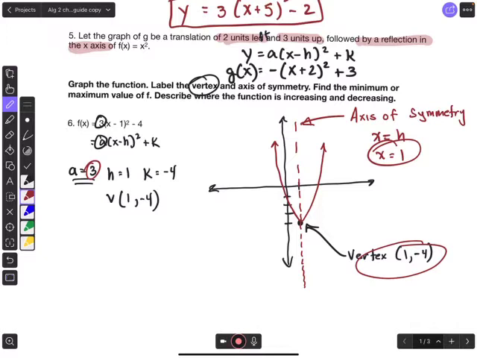I can see that it has a low value, a minimum value. The minimum value is the y value. So minimum of -4. What's the lowest value the parabola ever goes to?